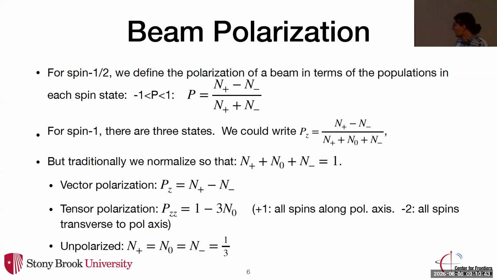And that does not fully specify the situation because we also have the tensor polarization, which is saying basically just how are these 3 terms adding up to 1? Which one's carrying the most beam population? So if we actually want unpolarized, up here, we just need the vector polarization to be 0. But here, we need the 3 of them to be identically 1/3 of the total population of the beam.